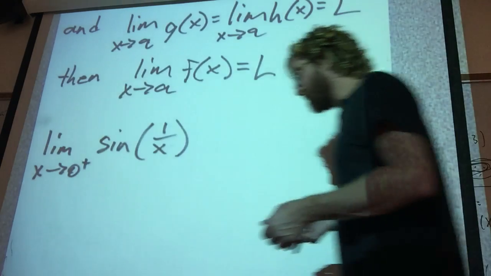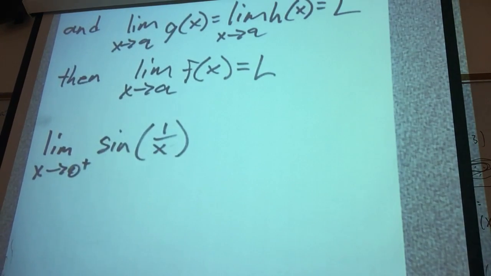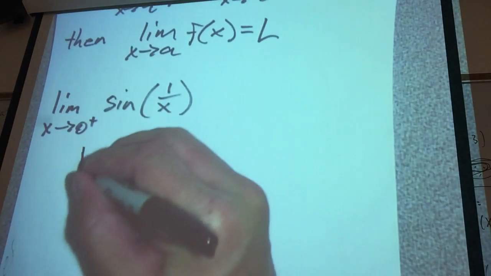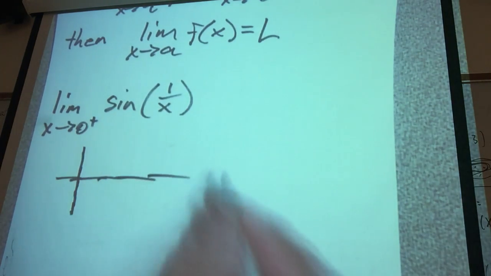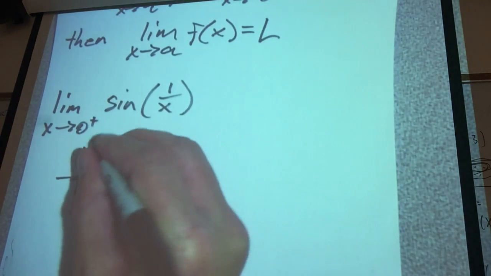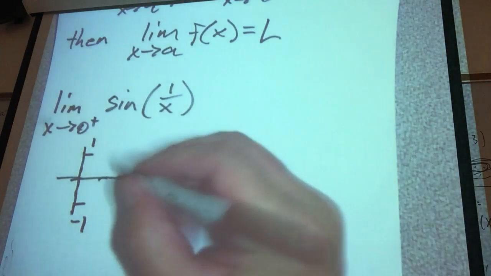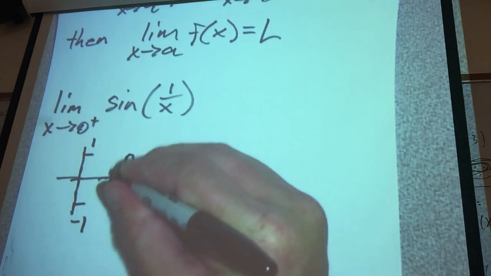So as x tends towards 0, what do we end up with? So we're tending towards 0 from the right. Now, the sine is always going to be bounded between 1 and negative 1. And sine is a wave.